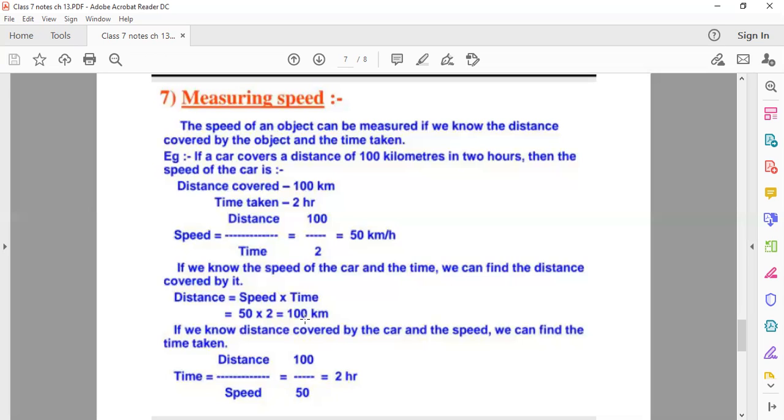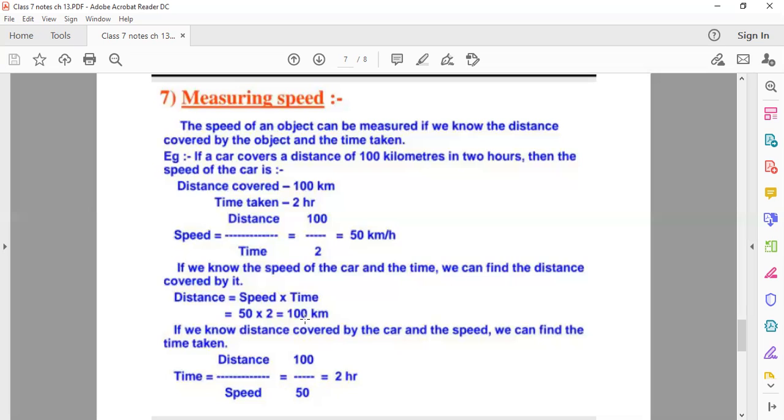Distance is 100 and speed is 50, so when we divide 100 by 50, our answer will be 2 hours. So from one question, we can find out all the things. There are three variables, distance, speed and time. If we know two of them, we can find the third one very easily.